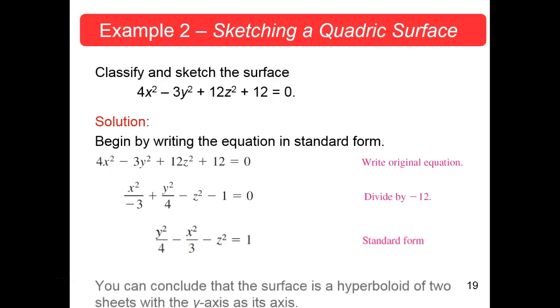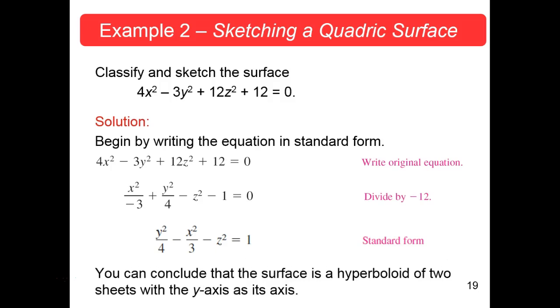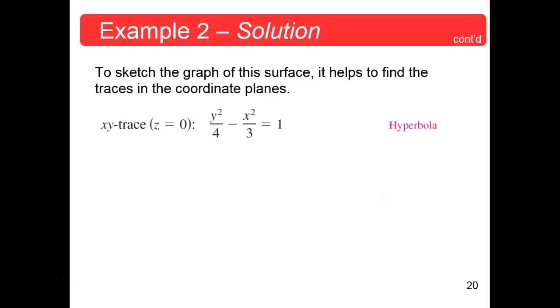So you can conclude that the surface is a hyperboloid of 2 sheets with the y-axis being its axis. The reason y-axis is the axis is that y can't be 0, because that would make this side negative and that side positive. It can't happen. That's my easy way of seeing it. There may be better ways, but that to me nails it.